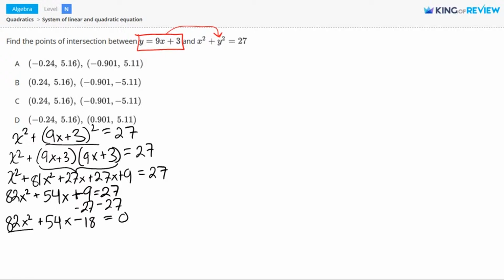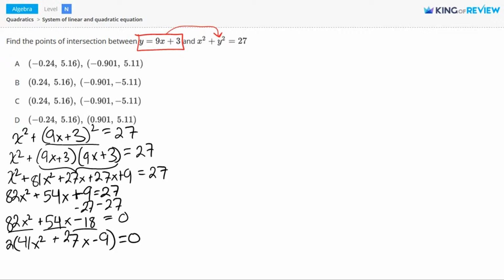Now, are there any common factors between these three terms? Yes, 2 is a common factor. So let's factor out the 2. I get 2 times 41x squared plus 27x minus 9 equals 0.